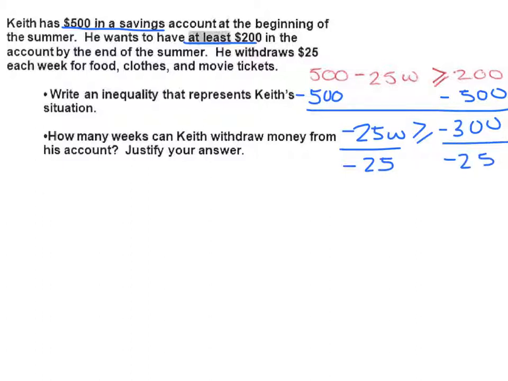Because we divided by a negative number, that means that this sign right here would flip. And now we know that W is less than or equal to 12. So this means that Keith has less than or equal to 12 weeks to take out $25 in his account every week and still end up with $200 in his account.